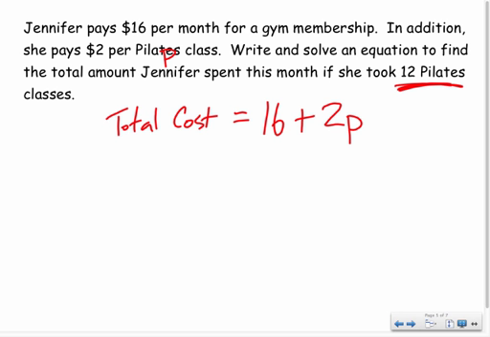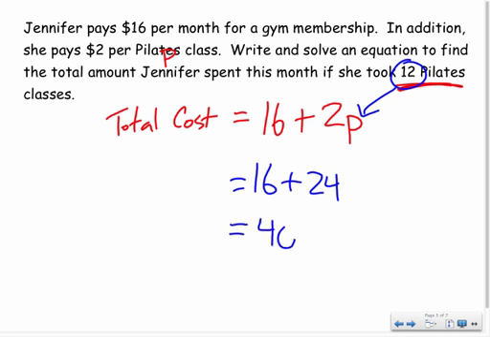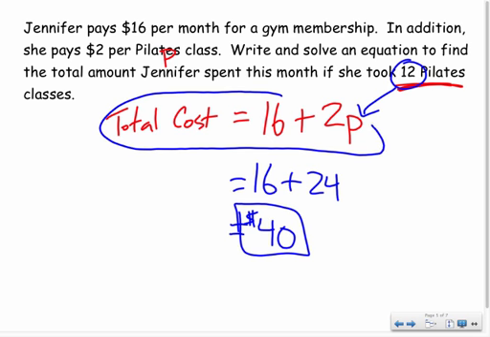So there's my equation. And now it's telling me to plug in 12 for P, which would give us 16 plus 2 times 12, which is 24. And 16 plus 24 is 40. So she spent $40. Okay, so I know you could solve this without writing this equation.